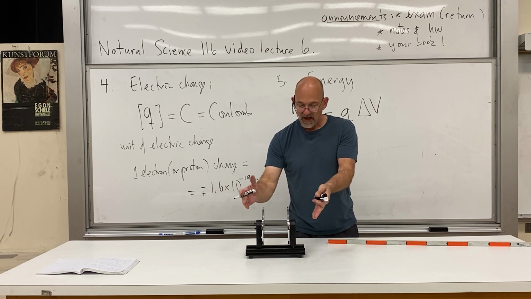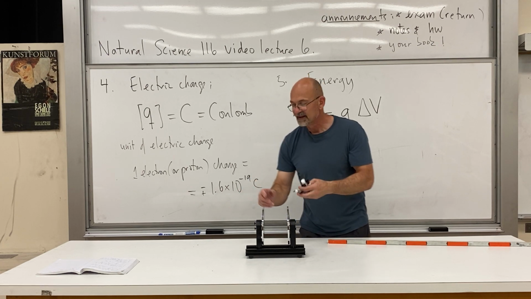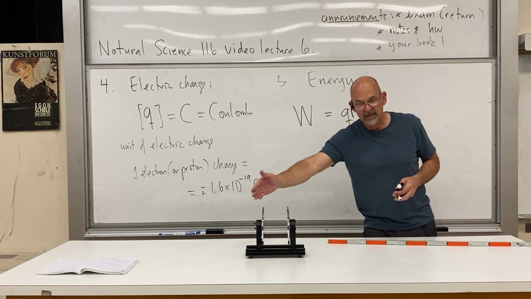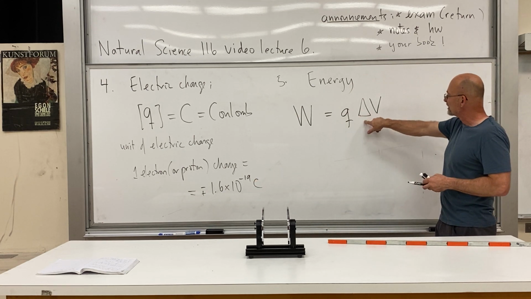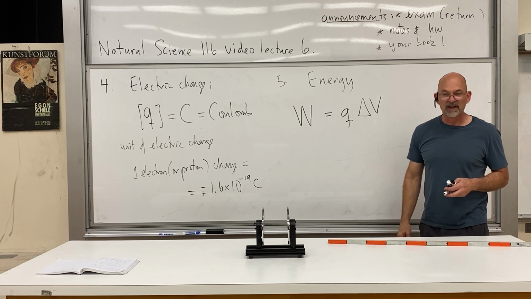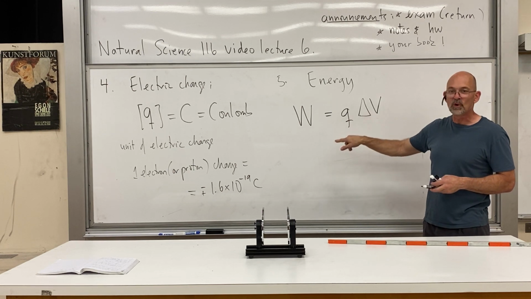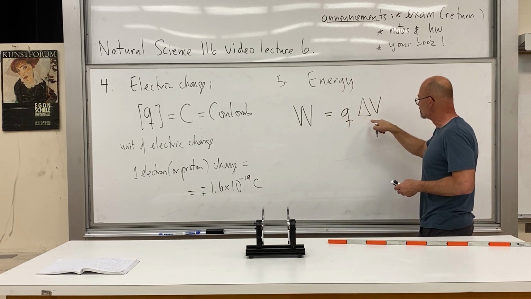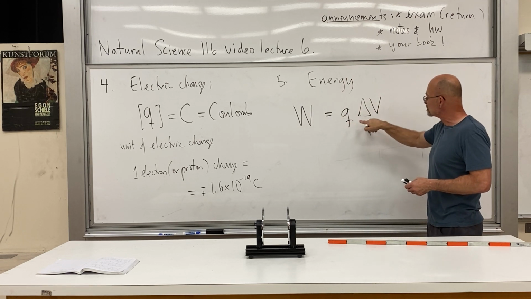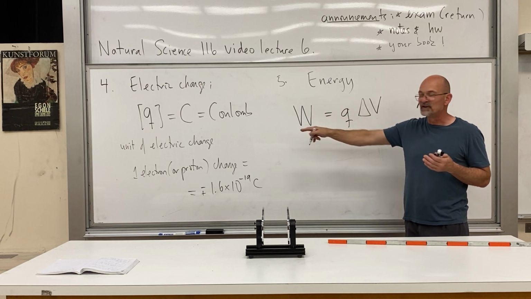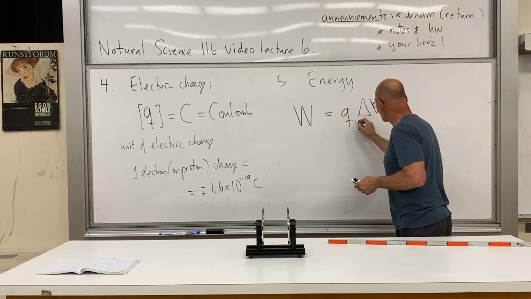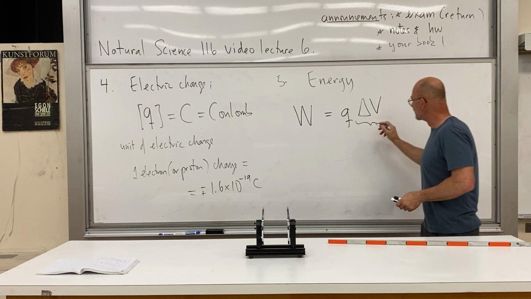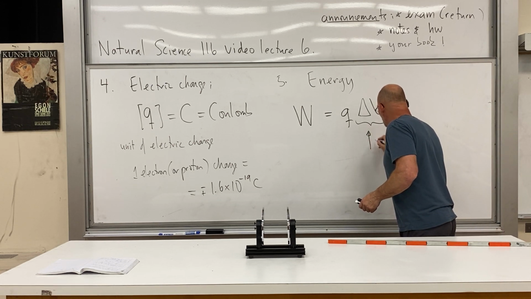It's got charge on both sides and it's separated. So the Q represents the amount of charge, plus and minus, and the delta V represents the separation. And this delta V is the voltage. So here we have energy, here we have charge, here we have voltage. So charge times voltage gives us energy. This delta V, and I'm always going to write it as a delta and not just as a V alone, this delta V is the voltage.